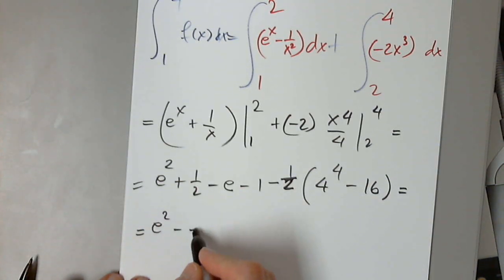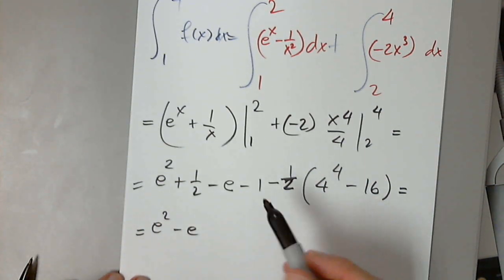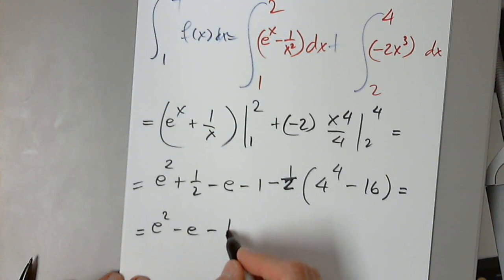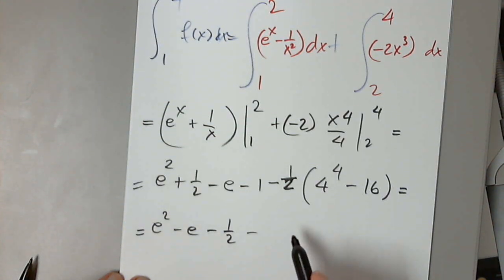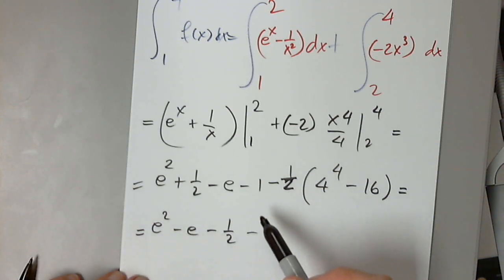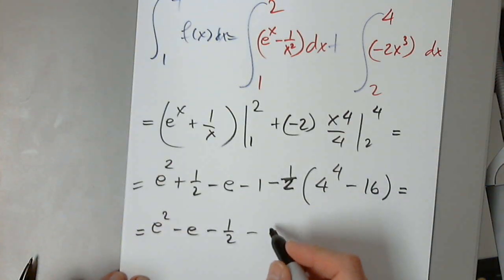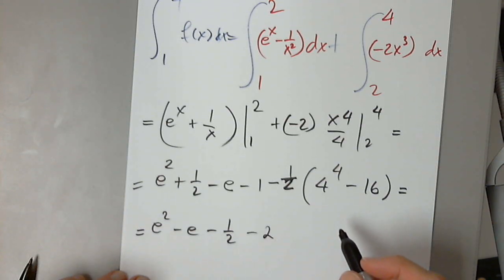So e squared minus e, and this is minus 1/2, and then minus, how much is 4 to the 4th? 16 times 16. 256, right? Okay. 256 divided by 2 is, wait, no. 256 minus 16 is 240.